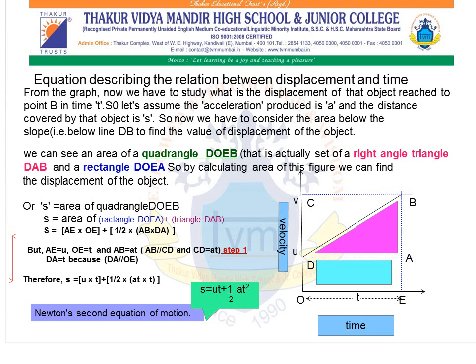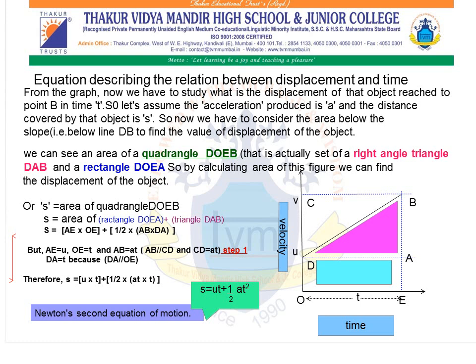But here we can see the values. AE is equal to U, that is initial velocity U. OE is equal to the time taken T, and AB is equal to AT.